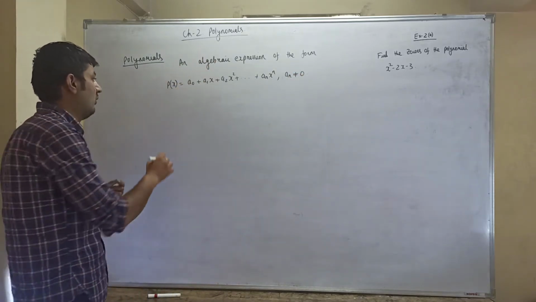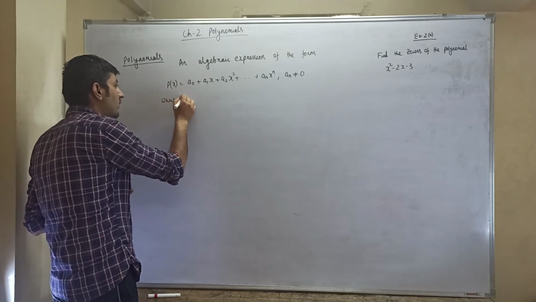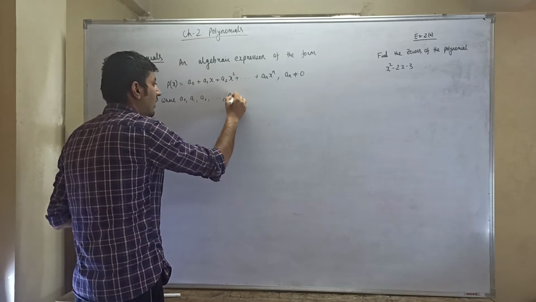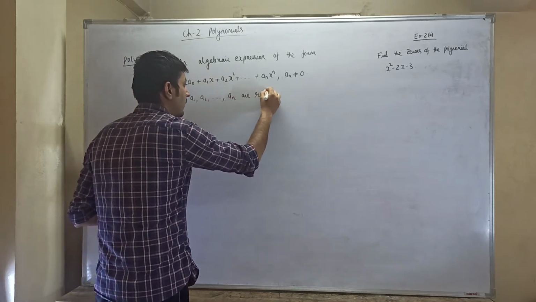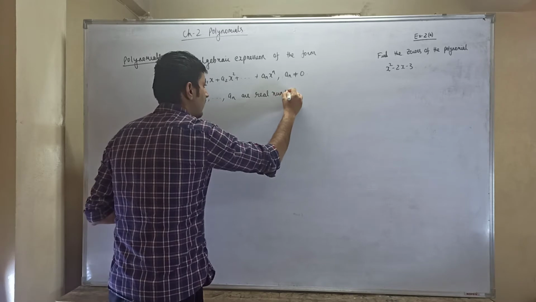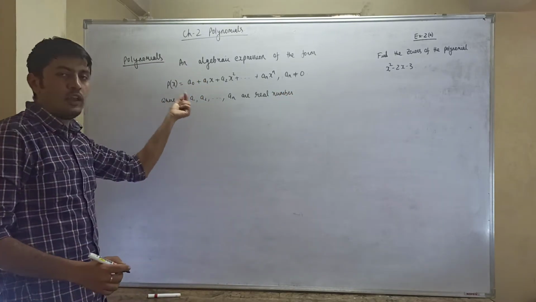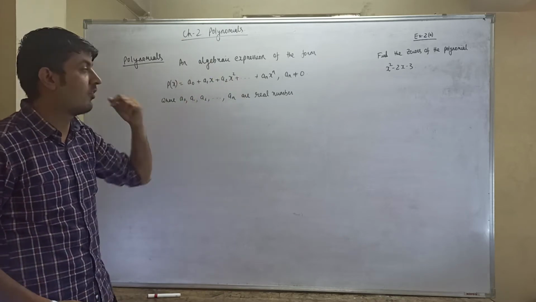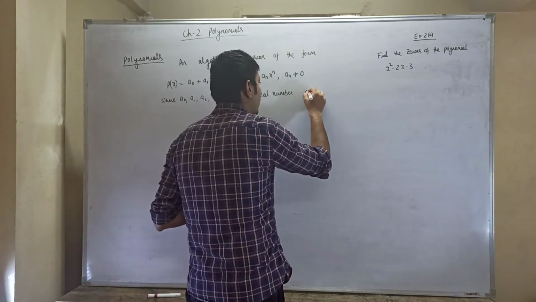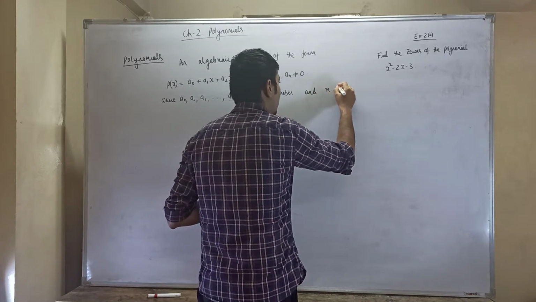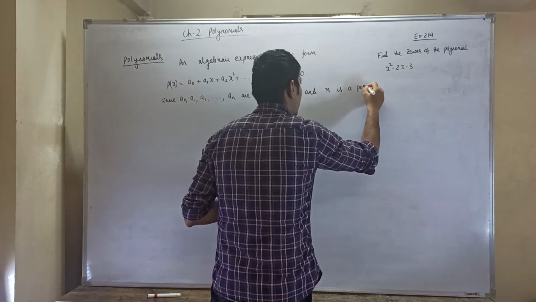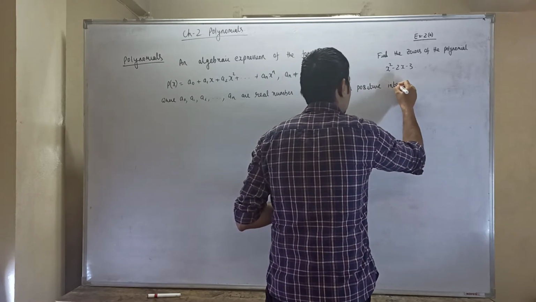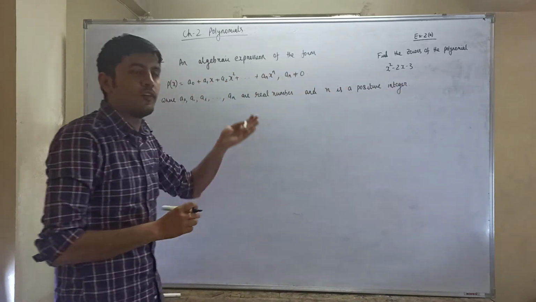Where a0, a1, a2, up to an are real numbers. That means all the coefficients must be real numbers, and n is a positive integer.